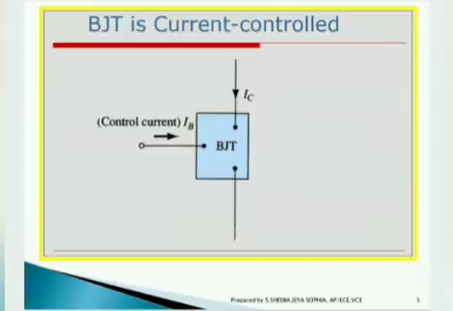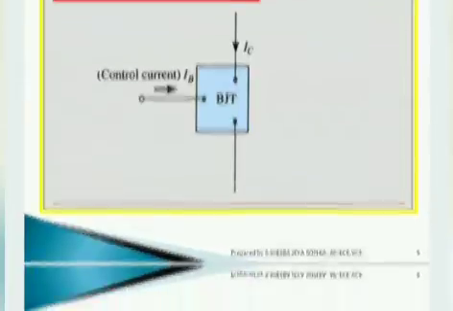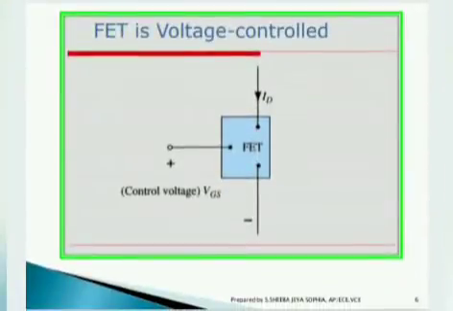You can clearly see in this diagram that it controls the current, that is IB versus IC, base current to collector current, whereas FET, field effect transistor, in short FET, is a voltage control device. You can see here the drain current is controlled by the voltage VGS, gate to source voltage.